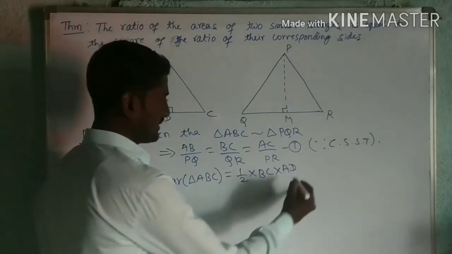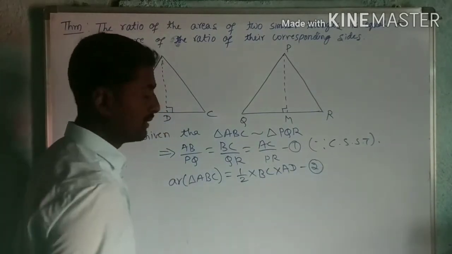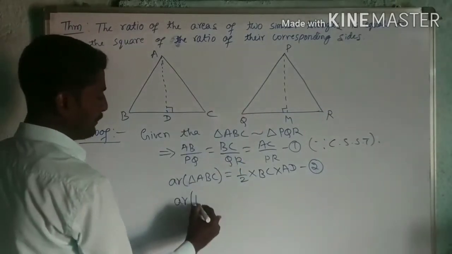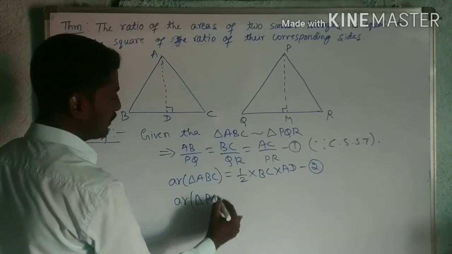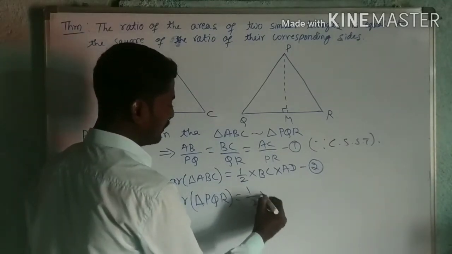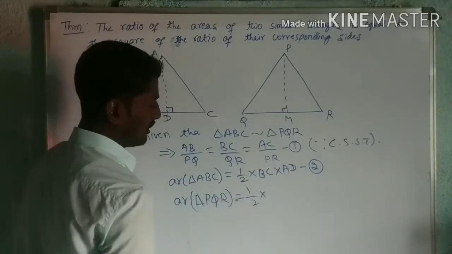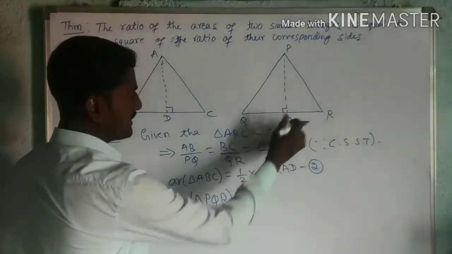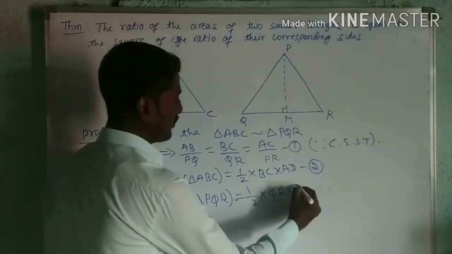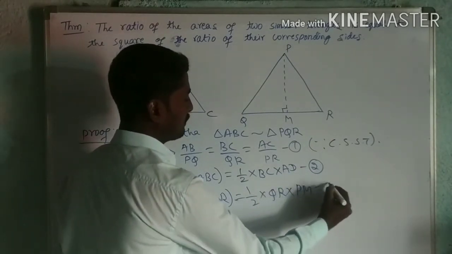I'll take this as equation number 2. Now similarly, area of the other triangle PQR is equal to 1 by 2, the base is QR into the height, which is PM.